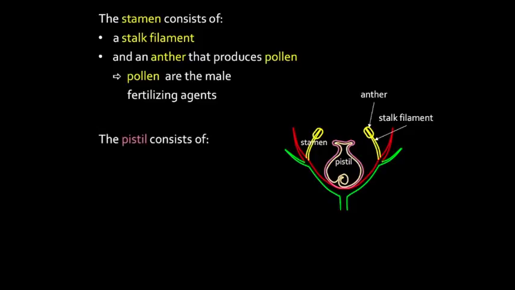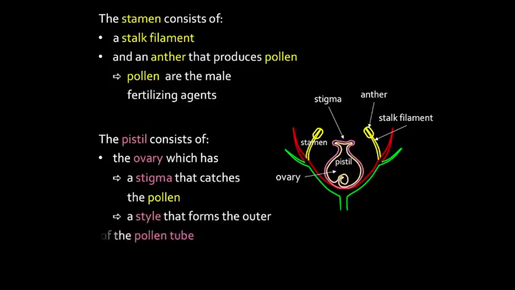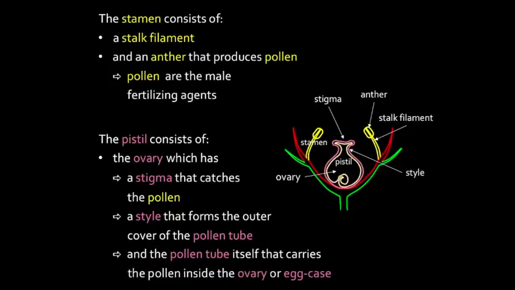The pistil consists of the ovary, which has a stigma that catches the pollen, a style that forms the outer cover of the pollen tube, and the pollen tube itself that carries the pollen inside the ovary or egg case.